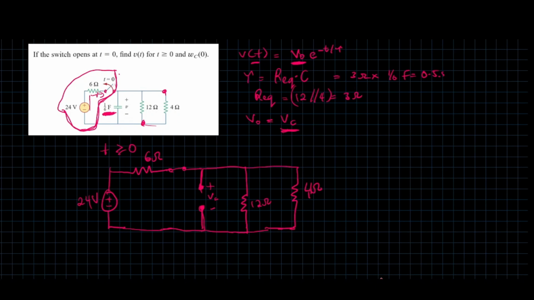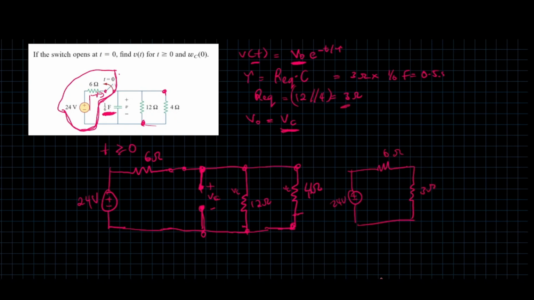As I looked at this, I saw that voltage in parallel circuits is the same. So the voltage here is the same as the voltage here and here. So I found it safe to combine these two circuits, fully knowing that VC is the same VC everywhere, because they are all in parallel. If you combine the circuits, it will become 24 volts and 6 ohms. This is 3 ohms.